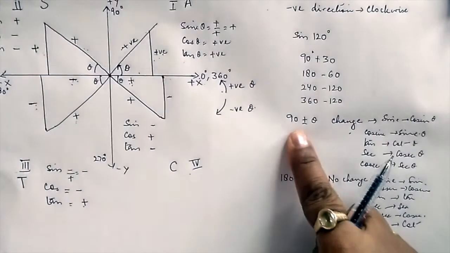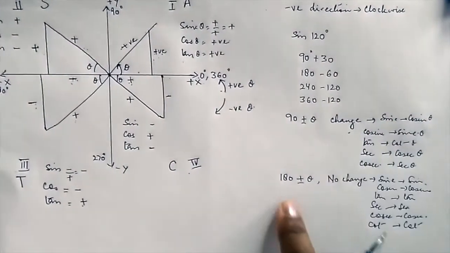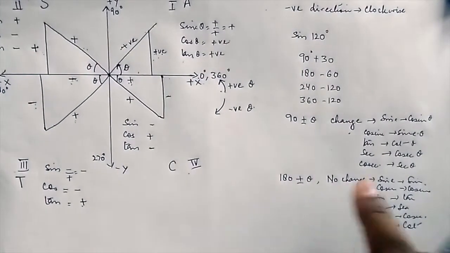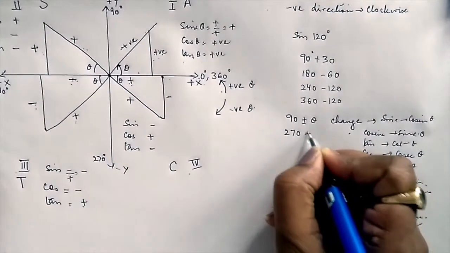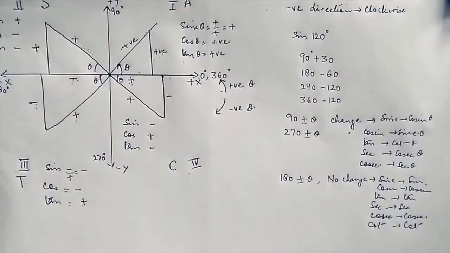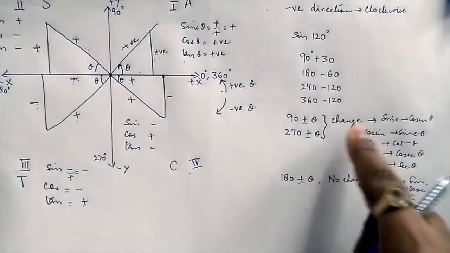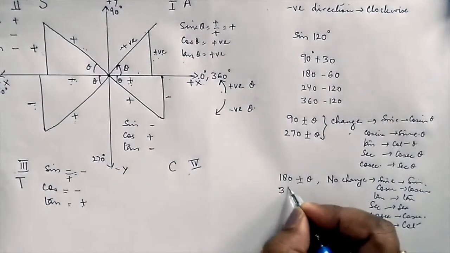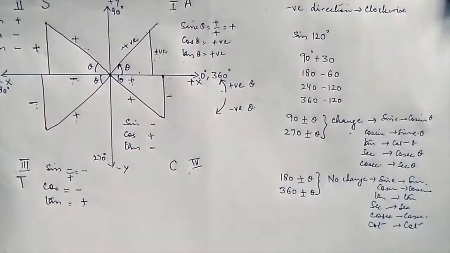So when you have 90 plus minus something, there will be a change. When it is 180 plus minus something, it will not change. Similarly, if you had 270 plus minus something, it would mean the same thing, that is, it would be a change. And if it was 360 plus minus something, this would mean no change.